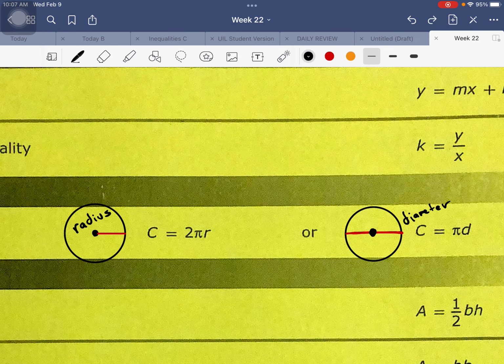Radius and diameter. If you already drew both circles and you wrote what Fabiana wrote, put it back in the sheet protector, please.